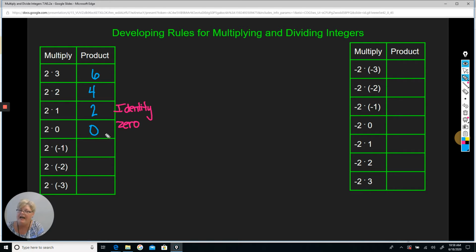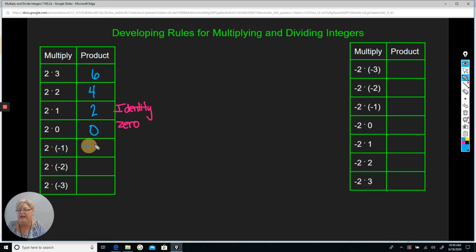Now we're going to stop just a second and look at the table. Do you notice a pattern there? As we're multiplying, the second term is decreasing: 3, 2, 1, 0, -1, -2, -3. What do you notice is happening to the product? It is also decreasing: 6, 4, 2, 0. Can you guess what this one's going to be? 2 times -1, and the numbers are decreasing.